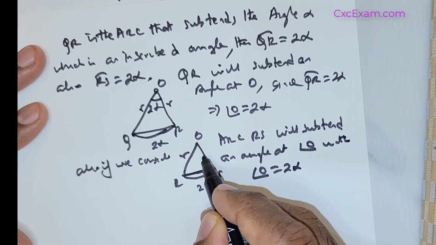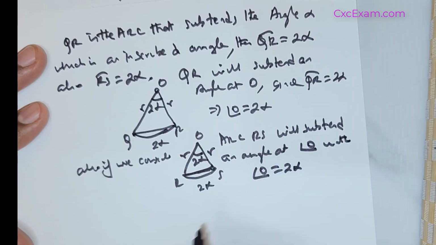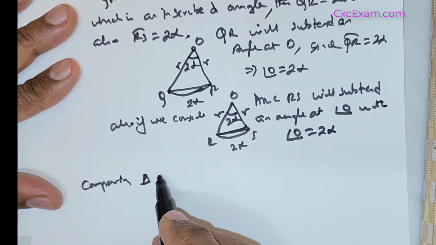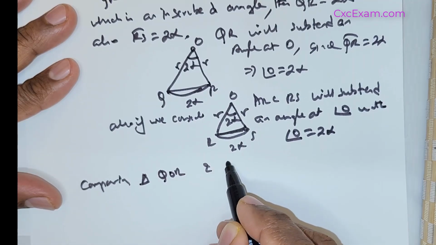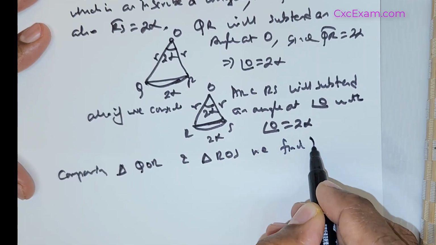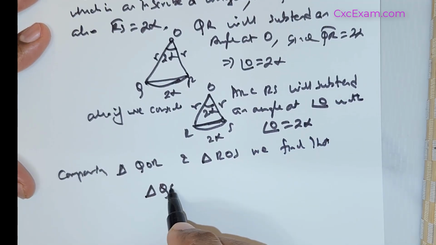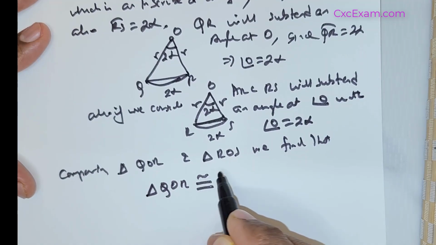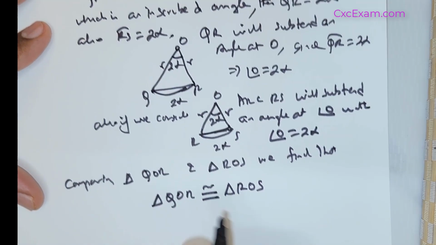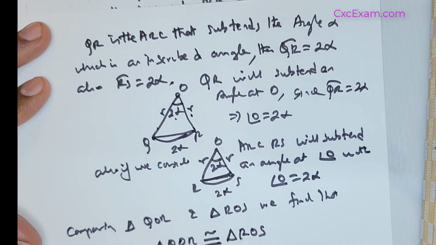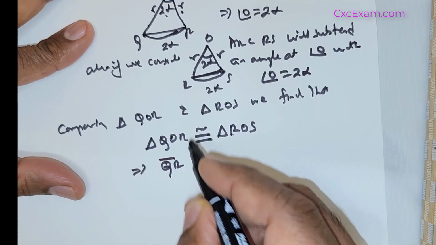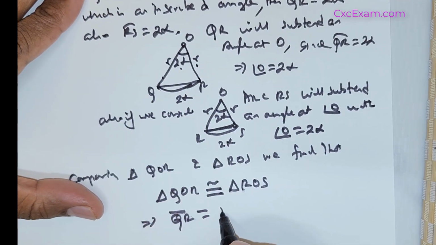So this is also going to be R, this is also going to be R, and this is 2 times alpha. Comparing triangle QOR and triangle ROS, we find that triangle QOR is congruent to triangle ROS, side angle side. So this would mean the distance QR will be equal to RS.